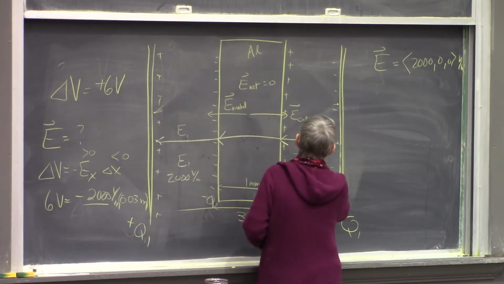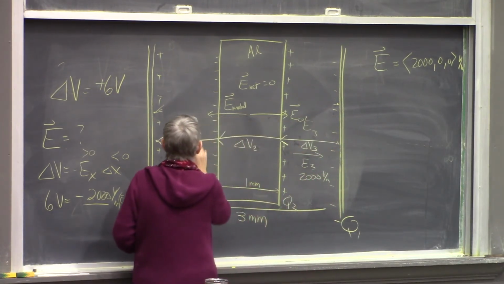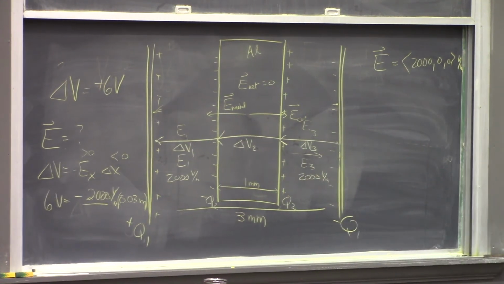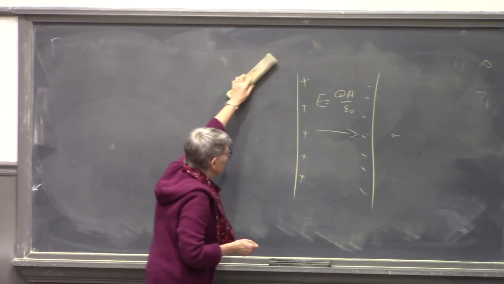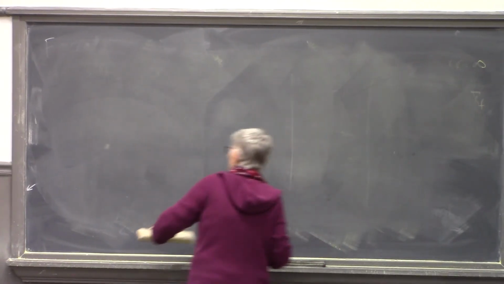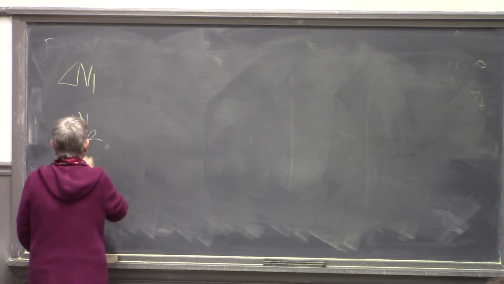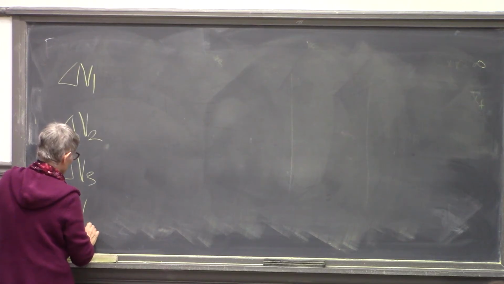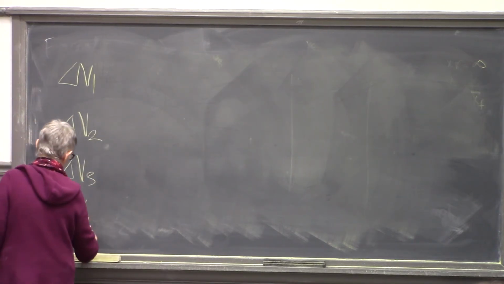So we would call this delta V3, and we'd call this delta V2, and we'd call this delta V1. So we have delta V1, delta V2, delta V3, and delta V total.